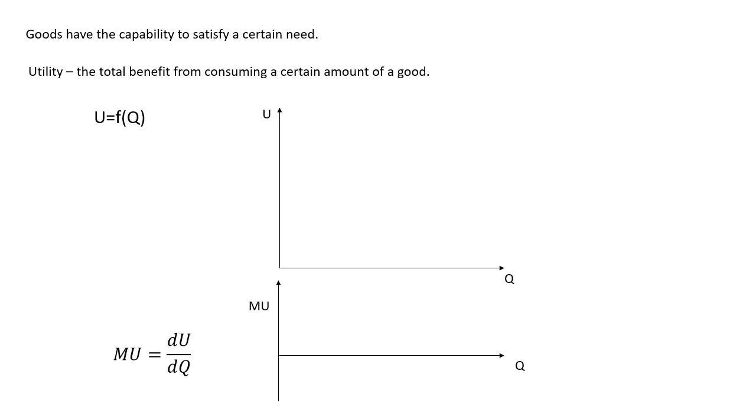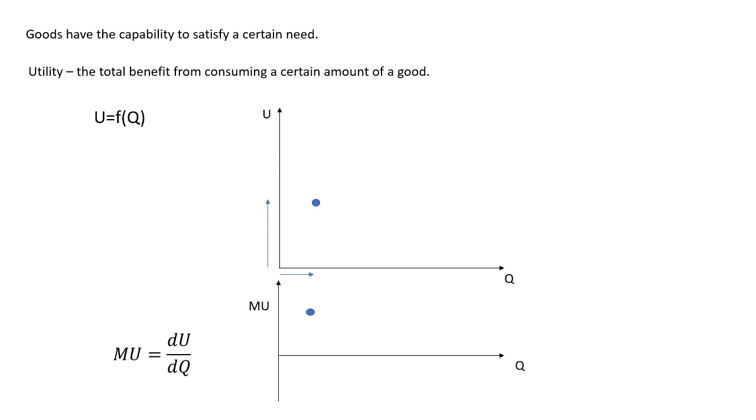So, if you are thirsty, then the first glass of water is going to increase your utility quite much. That is, the first step in the utility function is going to be something like this. That is, increasing q increases u, so we also have a marginal utility of the same size.